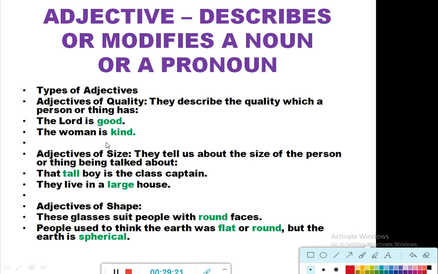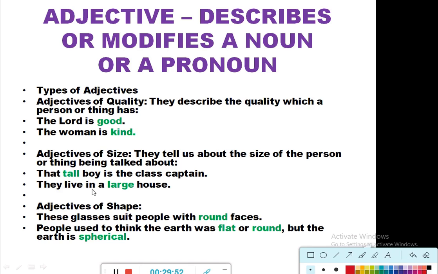So an adjective can be used as a pre-modifier, and it can also be used as a complement. Alright, so we have adjectives of size that tell us about the size of the person or thing being talked about. For example, the tall boy is the class captain. Tall is the adjective of size, telling us the size of the boy, that he is tall.